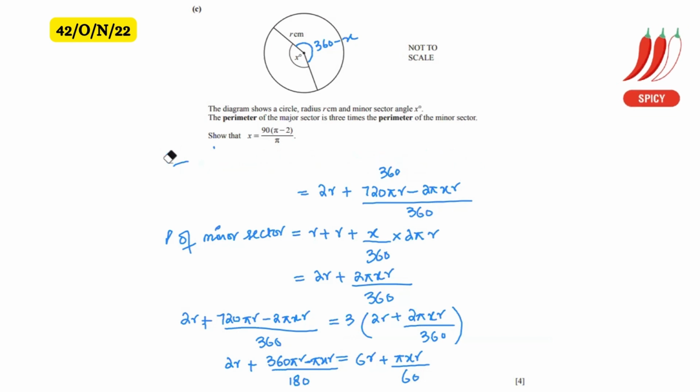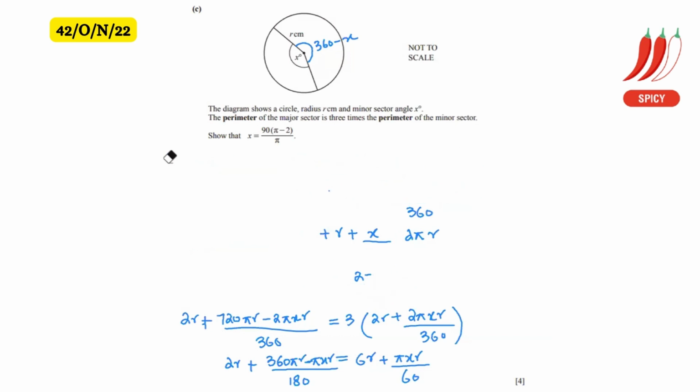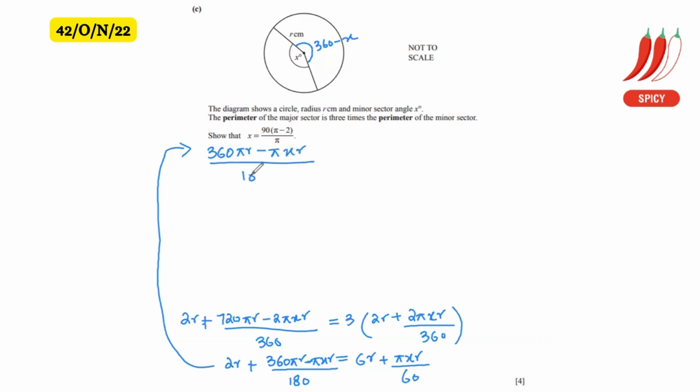I'm going to erase this part since I'm out of space. So I'm going to bring pi xr over 60 to the other side and take the 2r to the right-hand side. So 360 pi r minus pi xr over 180 minus pi xr over 60 equals 6r minus 2r.